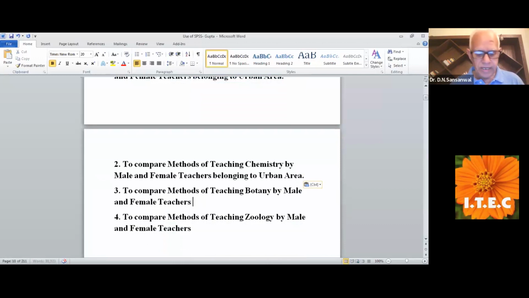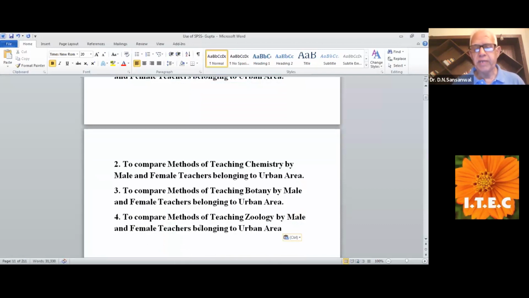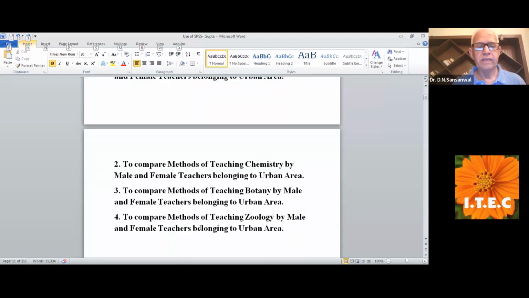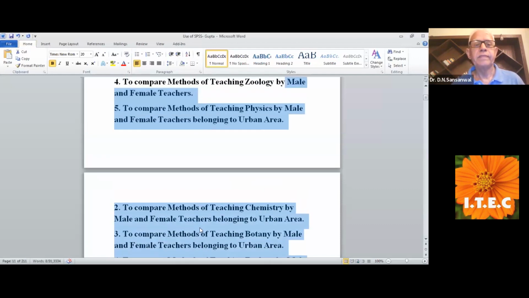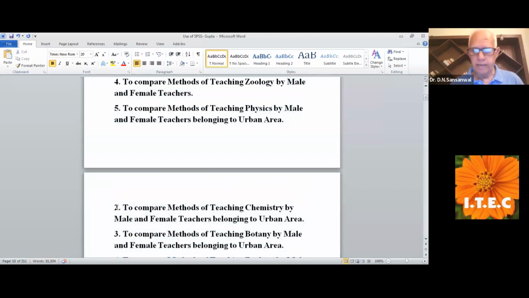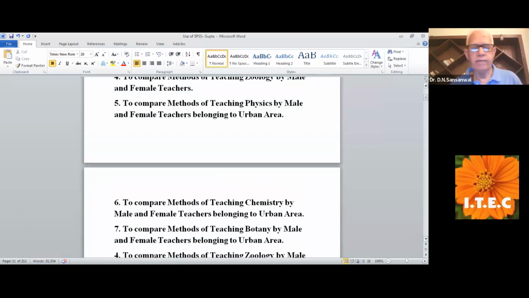Here also I can say belonging to urban area. Here also I can say belonging to urban area. Next I can say belonging to the rural area. So this will be the sixth one, and this is the seventh one, and this will be the eighth one.